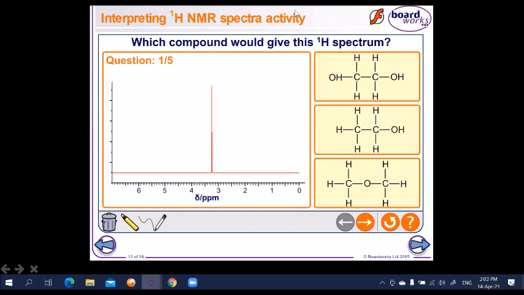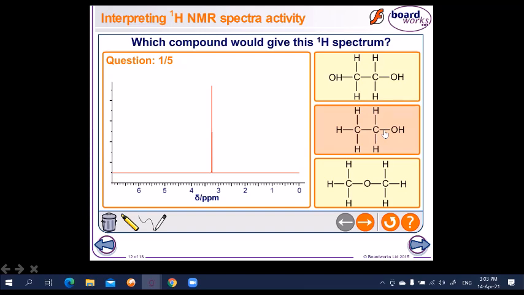You got only 1 peak here on your NMR spectrum diagram, so you only have 1 distinct group. I'm looking at the first one up here at the top. This hydrogen and this hydrogen are their own group, and these hydrogens in the middle are their own group. So there would have to be 2 peaks. That's not it.